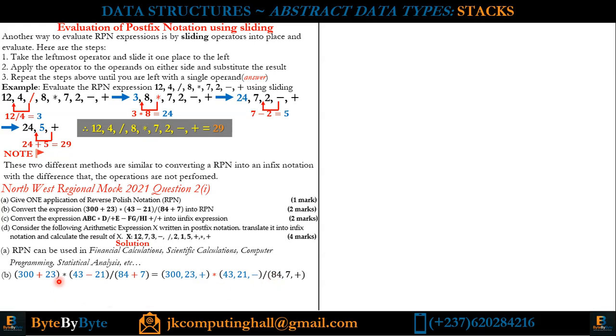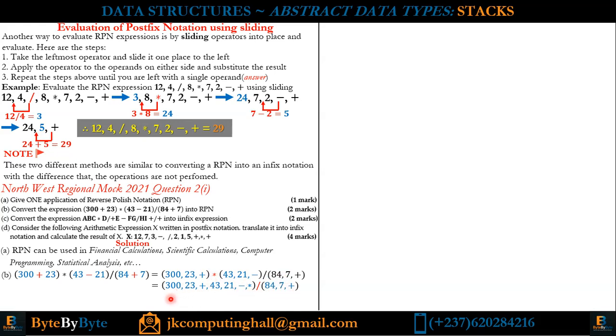Now, after evaluating the bracket, we are left with multiplication and division, and they are of the same precedence, meaning that we move from left to right, and the left operator is multiplication. So this is the first one I'm going to perform, and that will give me this 3, 23 plus, then this 43, 21 minus, then finally the operator, all that divided by 84, 7 plus.